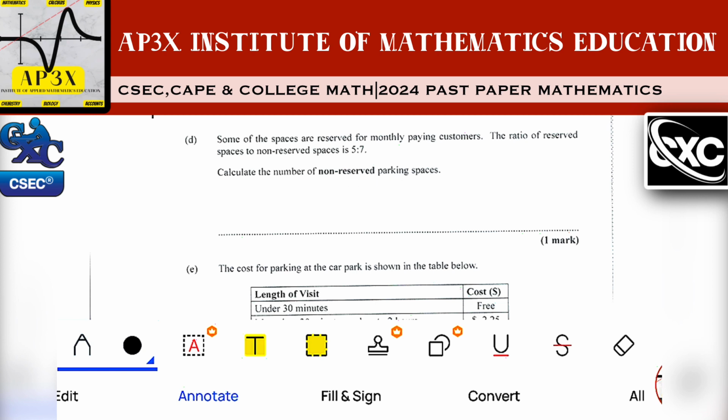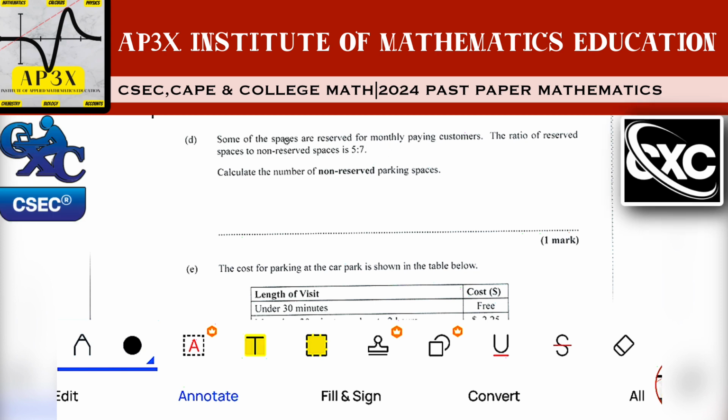parking spaces. All right, this is pretty simple, guys, because this is a ratio. This is a proportionality here. So firstly, let's just write down the ratio. It says that the ratio of reserved to non-reserved is 5:7.